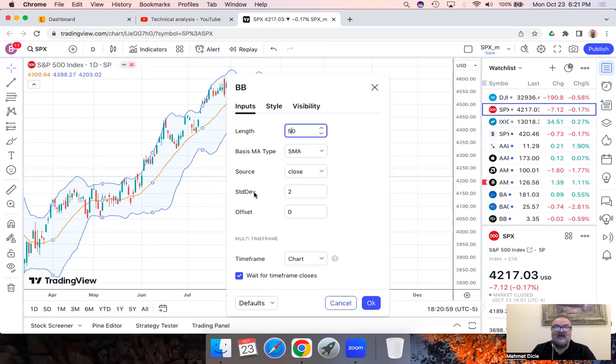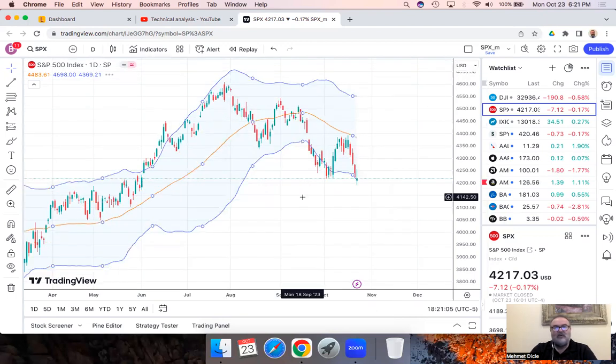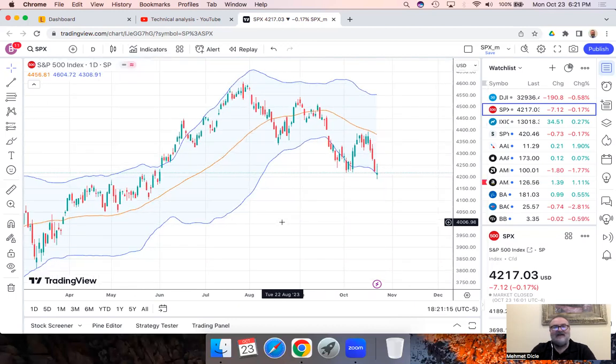But if you feel that 2 standard deviations is too high, obviously you can change it to anything you want. So now that we're looking at 2 standard deviations in a 50-day, notice how our range expanded a little bit. And all we are really looking for now is times at which prices breach above or below those bands.